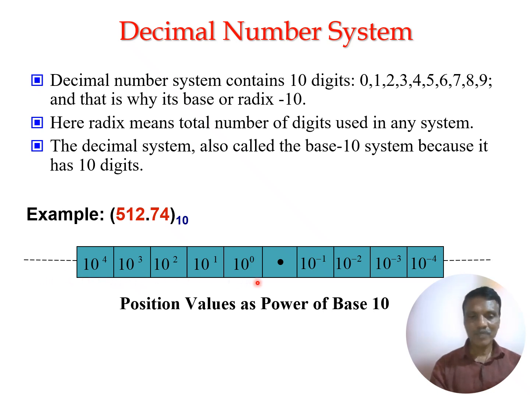To the right of the fraction point, 10 power minus 1, 10 power minus 2, 10 power minus 3, 10 power minus 4, and so on. These are the position values or weights of the decimal number system.